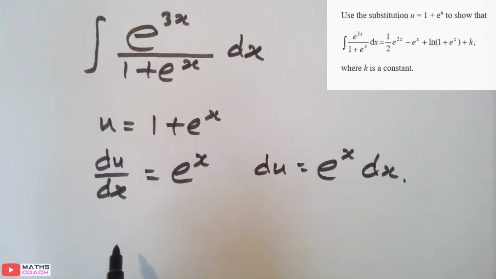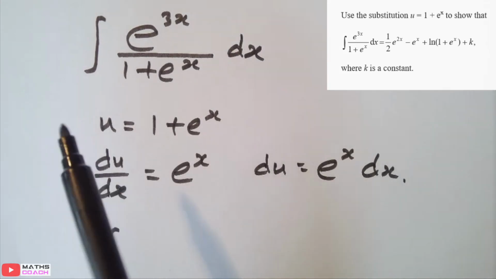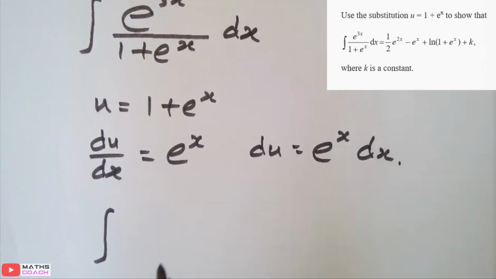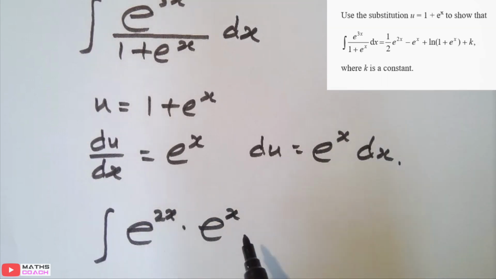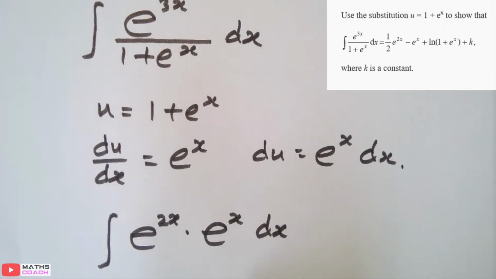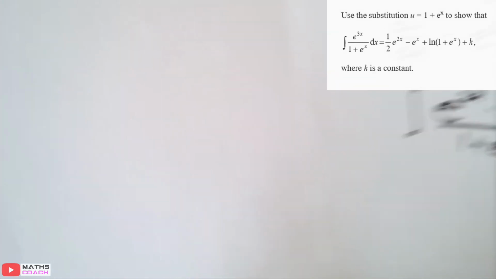Here it makes sense to say integration, and instead of writing e to the 3x, we could write e to the 2x times e to the x dx. If you look at this carefully, that multiplied together makes e to the power 3x, just like we have in the question, over 1 plus e to the x. So let me write that again.